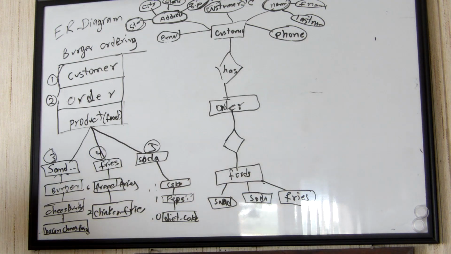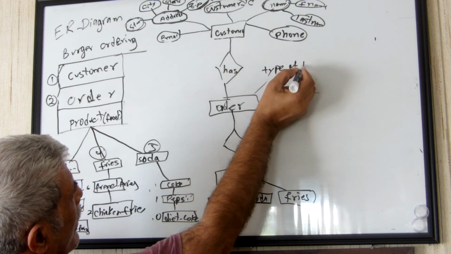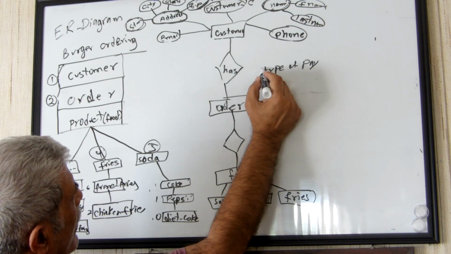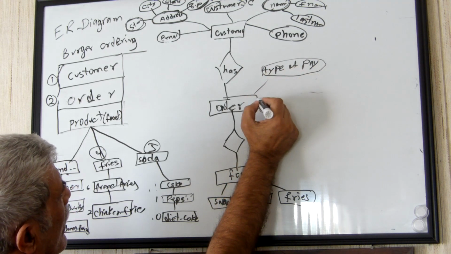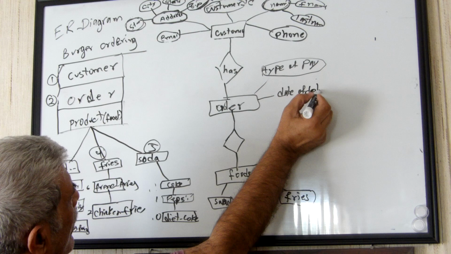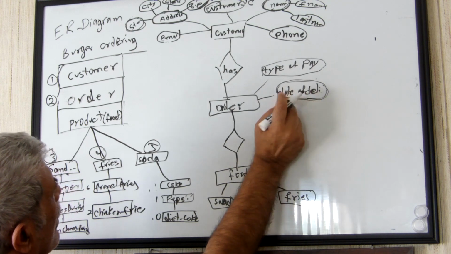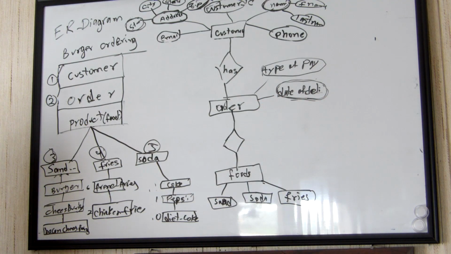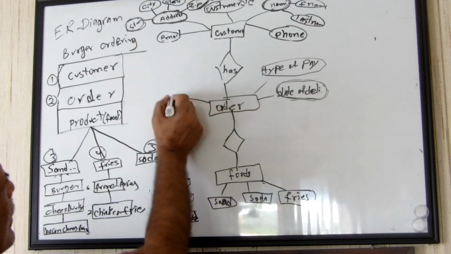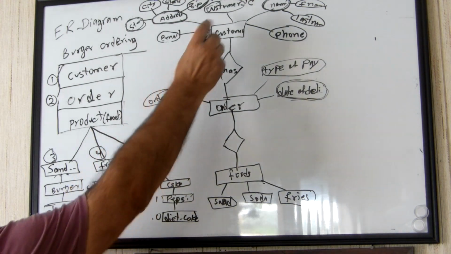Order has some attributes: type of payment, and date of delivery, and then order ID, the primary key.